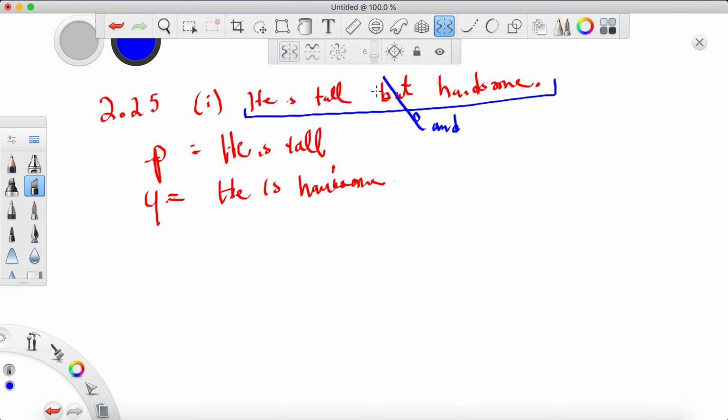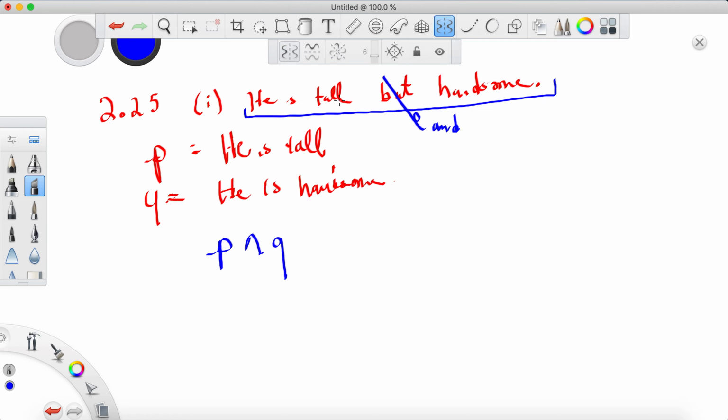So handsome is good. So when they say "but", maybe this person doesn't like tall people for whatever reason. Regardless, if we want to make this a logical statement, this is just going to reduce to P and Q, because there's that "and".